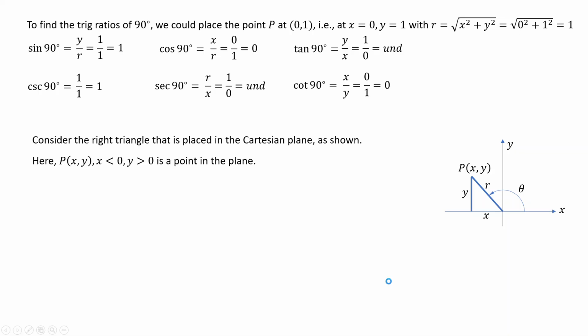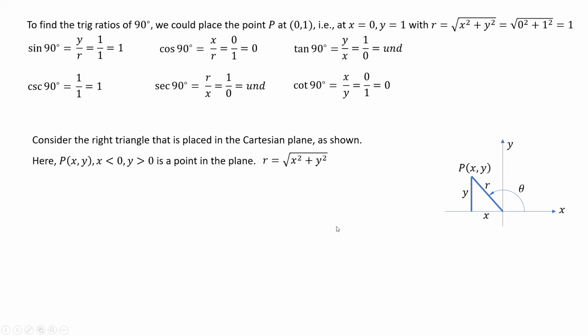And here, P(x, y) with x less than 0 and y greater than 0 is a point in the plane. Who says x and y have to be positive? x and y could be positive, negative, or a combination. x is positive, y is negative, and all those things. So that's what we're looking at.